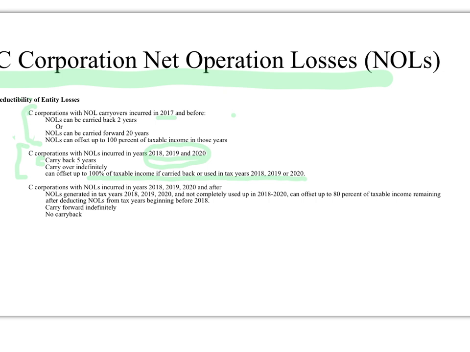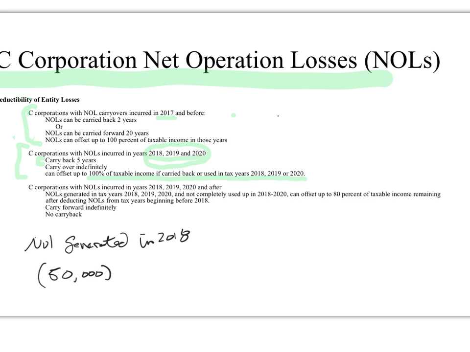Okay, so say for example you had a 2018 net operating loss. So let's say you had a net operating loss generated in 2018, okay? And let's say that net operating loss was $50,000, okay?